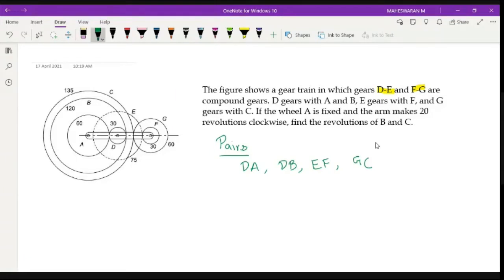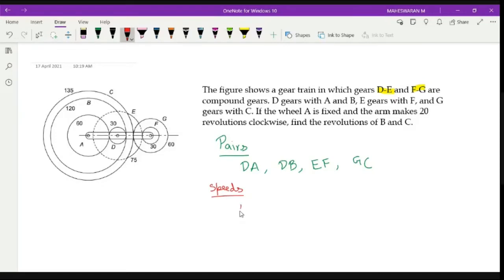Our main thing is to identify how many columns we need in the table so that we can solve the problem. The columns depend on speeds. So let me identify the speeds. What are the gears which have separate speeds?